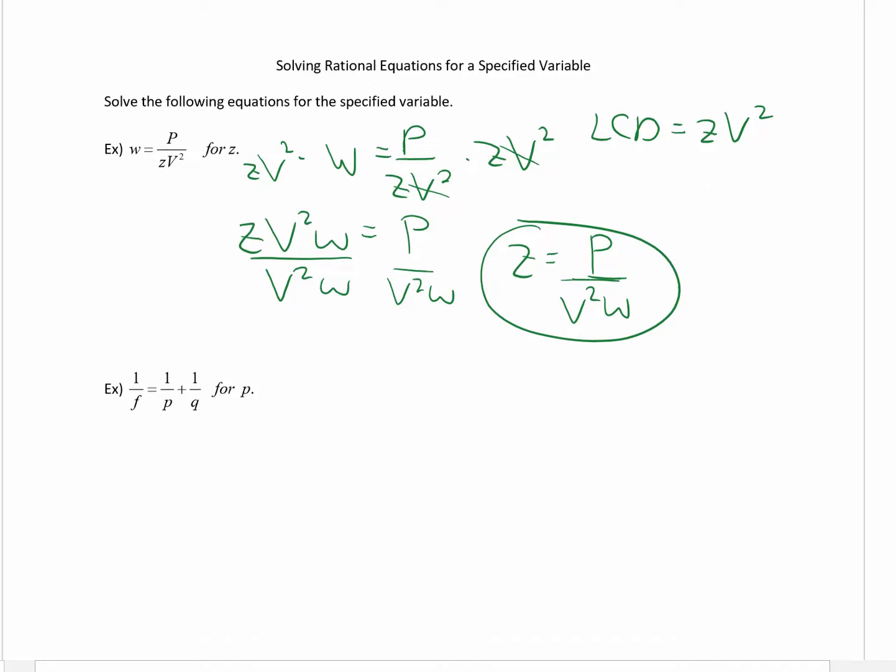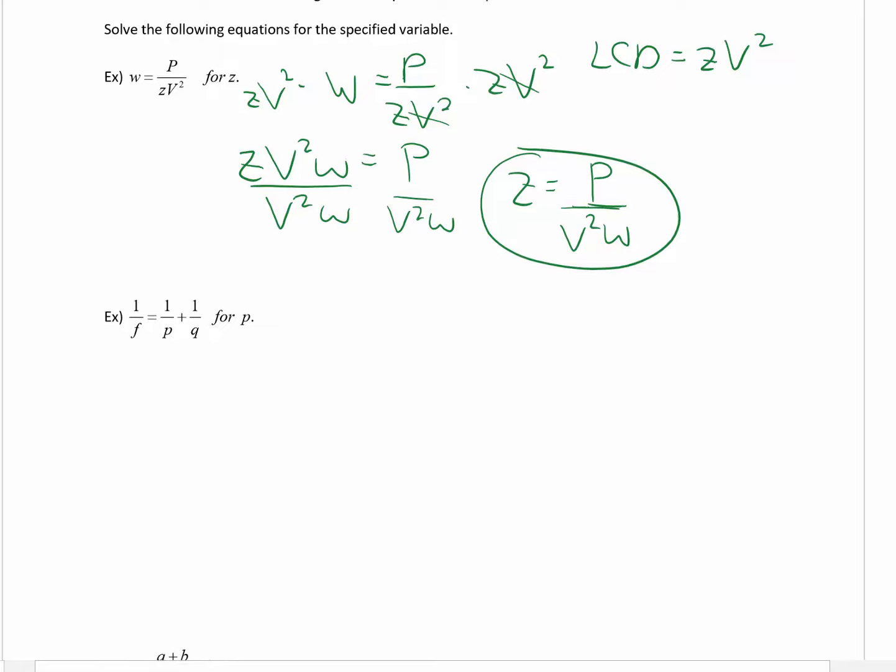Okay, let's take a look at the next example then. So here, again, like this last problem, I'm going to multiply by the LCD. Well, in this particular case, because all three denominators have no factors in common, I'm just going to multiply by all the denominators, FPQ.